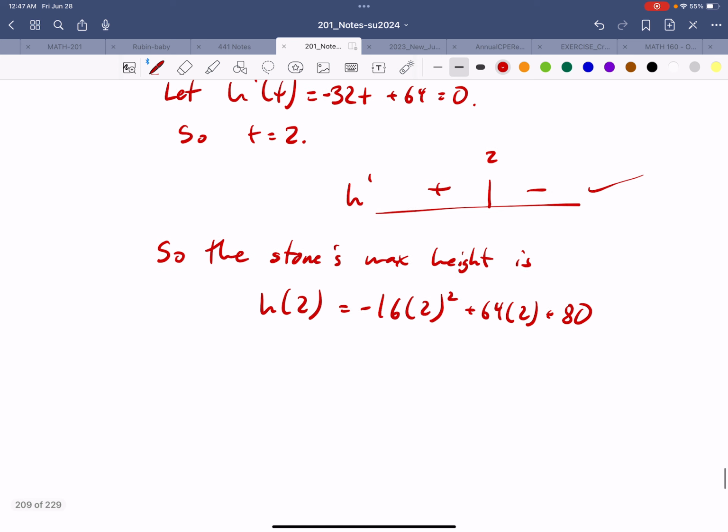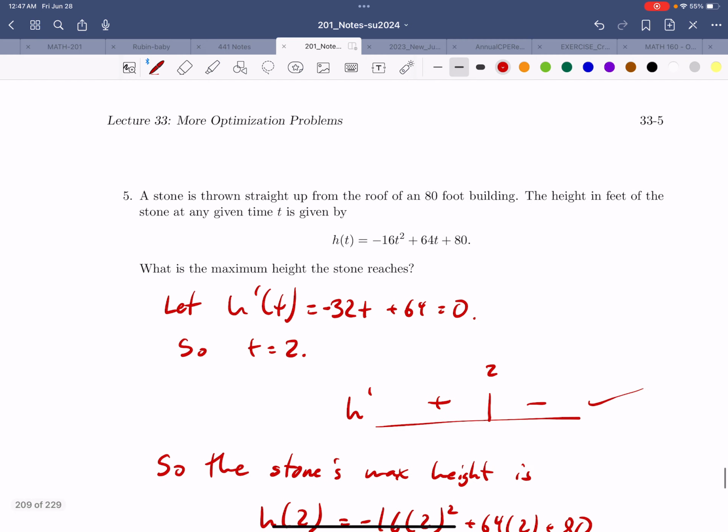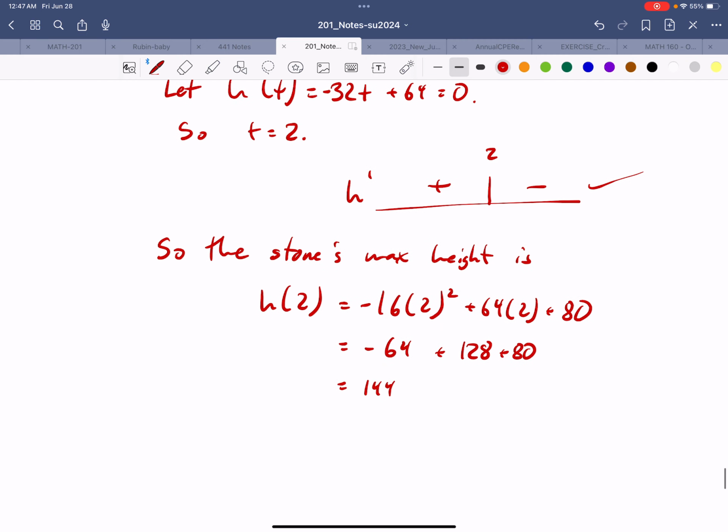And that equals, I don't want to do that out. It's not that bad, though. Negative 64 plus 128, or 2 times 64, plus 80. I think it's going to be 144. I think that's given in terms of feet. There you go.